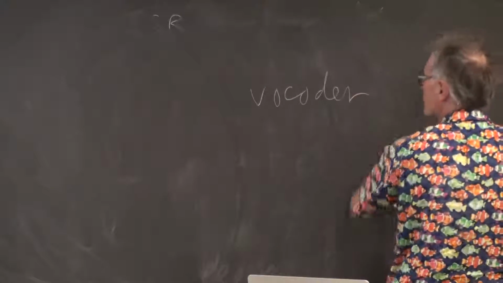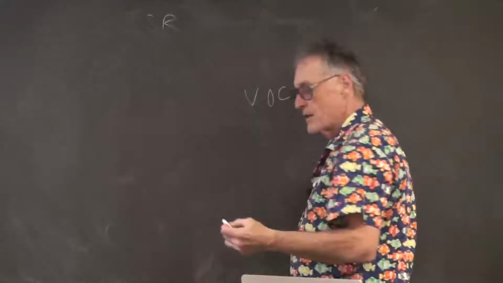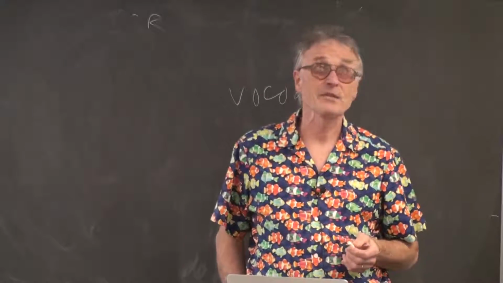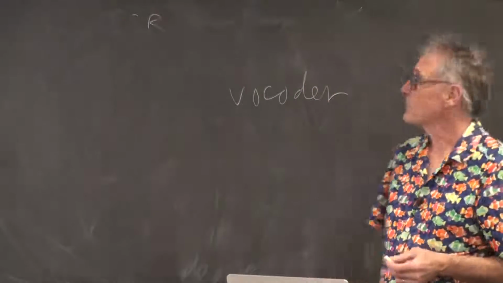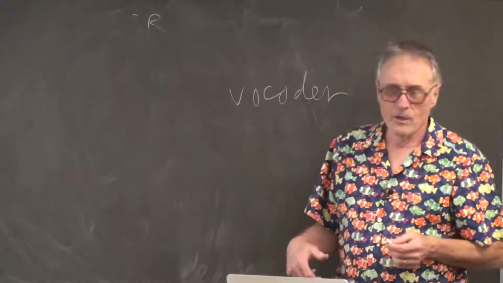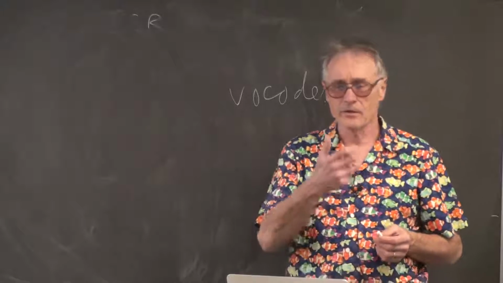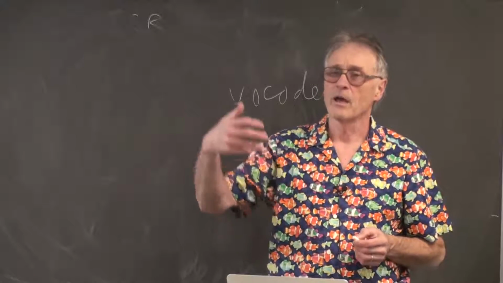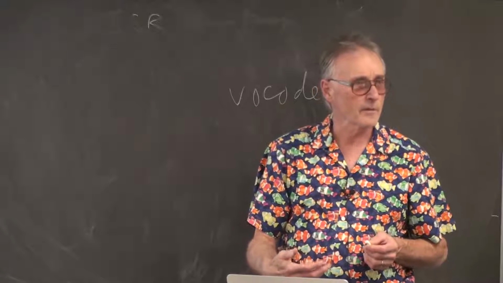I saw one of the first speech vocoders that was publicly displayed at the 1964 World's Fair in New York. We were amazed to see the operator sit in the booth and talk at one frequency and have voice come out an octave higher or an octave lower.